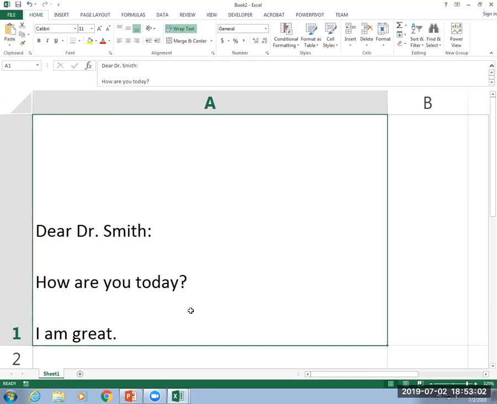So one of the things I always like to tell people is that you can use Excel as a word processor. I know because I've had a colleague who's done that, but I think it's a bad idea. If you're going to do word processing, you should use Microsoft Word. If you're going to do calculations, you should use Excel, and if you're going to do data, you should use Access.